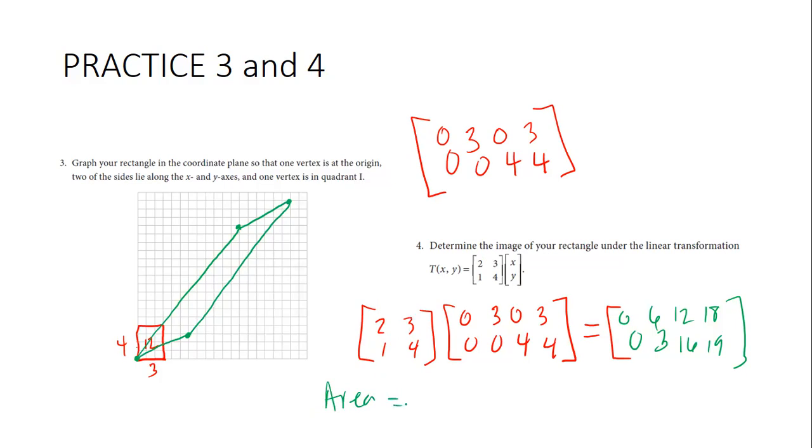So what's our determinant? 2 times 4 is 8, so we have 8 minus 3, which is going to be our 5. And then it's multiplied by the area of the original. And what was the area of our original? 12. So we have 5 times 12, which means that this is 60 square units.